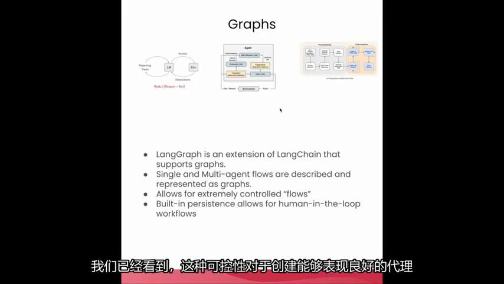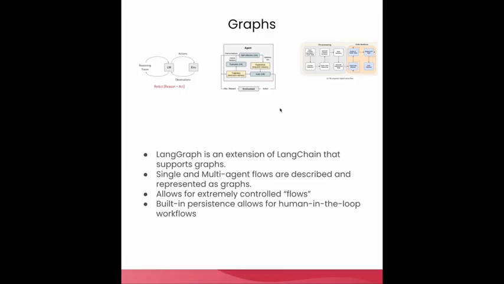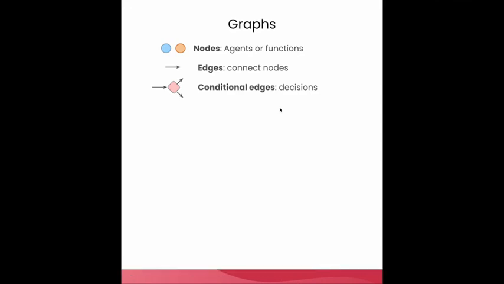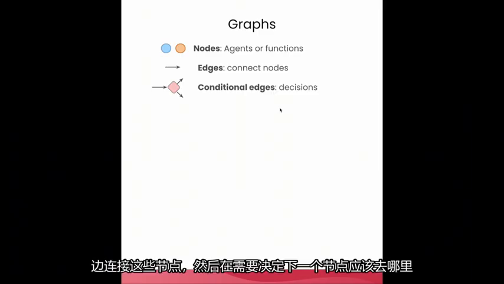We've seen that this controllability is crucial for creating agents that can perform well. Three of the core concepts of LangGraph are nodes, edges, and conditional edges. Nodes are agents or functions. Edges connect these nodes, and then conditional edges are used when you need to make decisions about which node you should go to next.